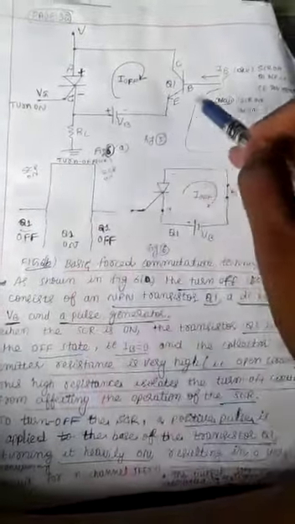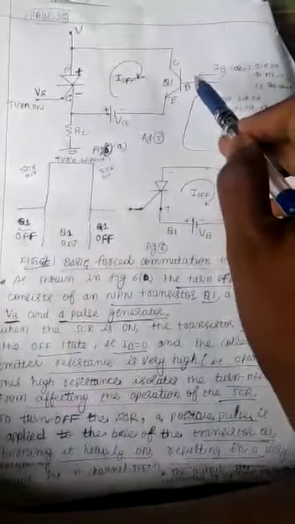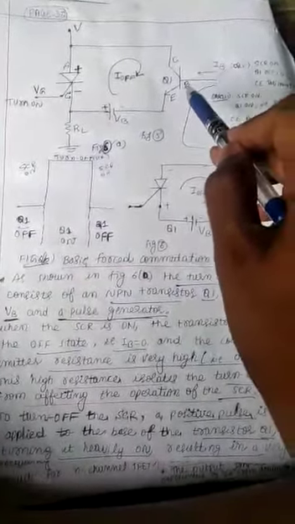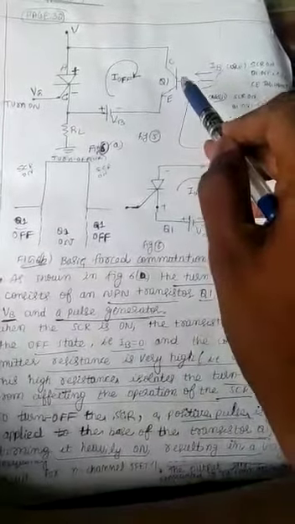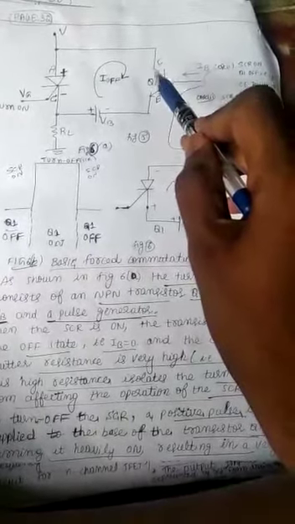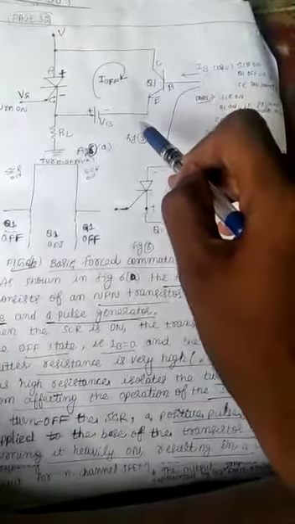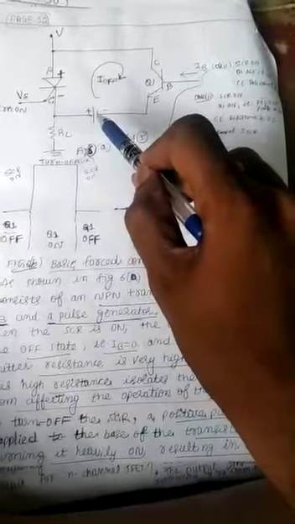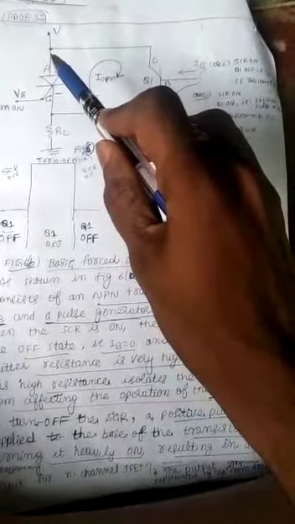In the second case, I will apply a certain base current at the base. Then the collector to emitter junction conducts, the current will flow across collector to emitter, and whatever the voltage you have across VB will be across the SCR.